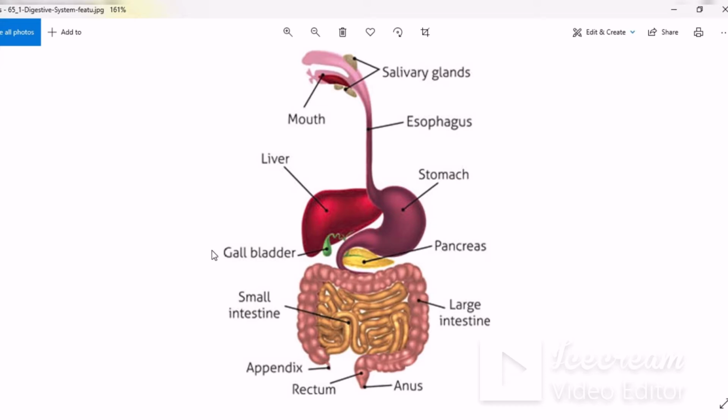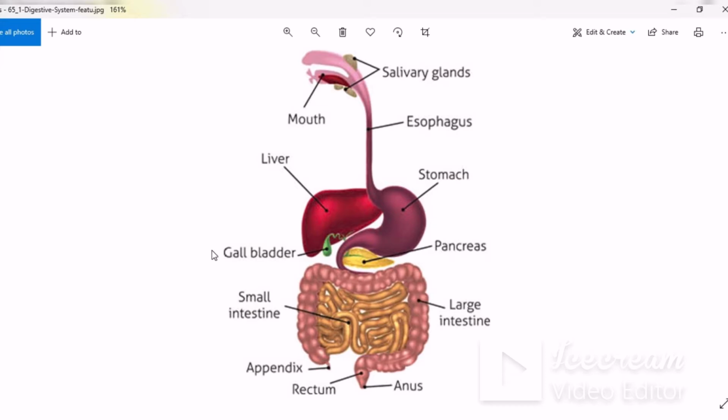Inside the stomach we have acid to break down the food more, to make it into chemicals, smaller parts, and after that it enters the small intestine. Inside the small intestine, most of the absorption will happen. In the small intestine we have very small blood vessels that absorb the nutrients.